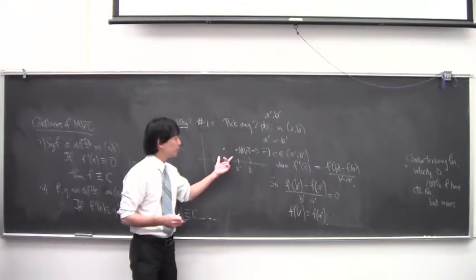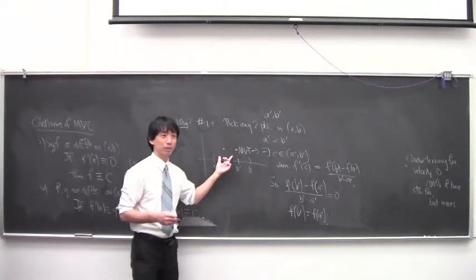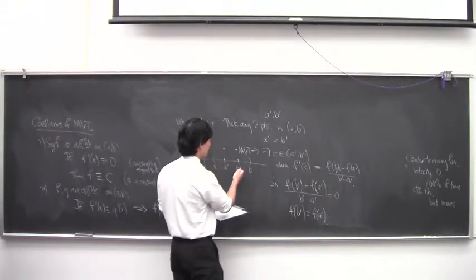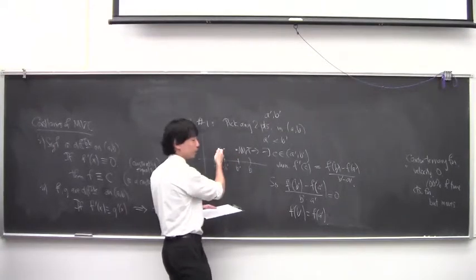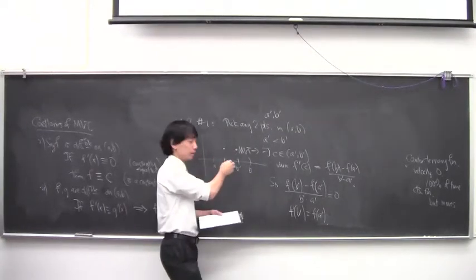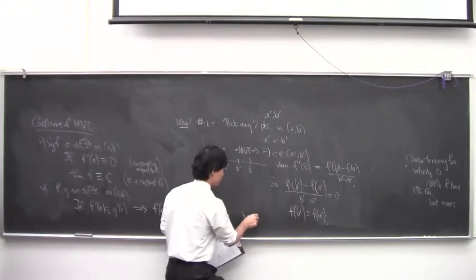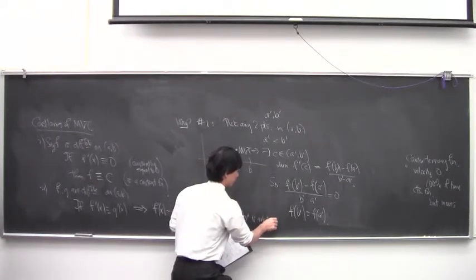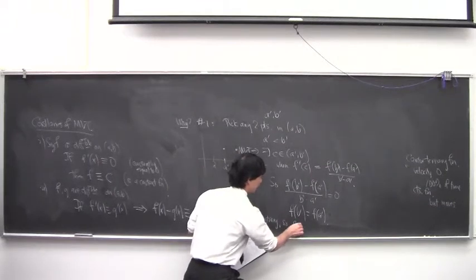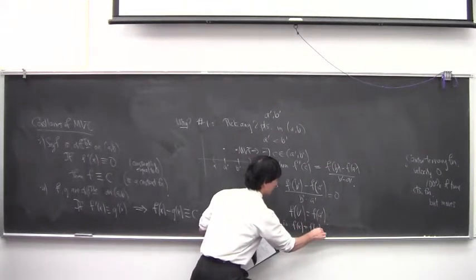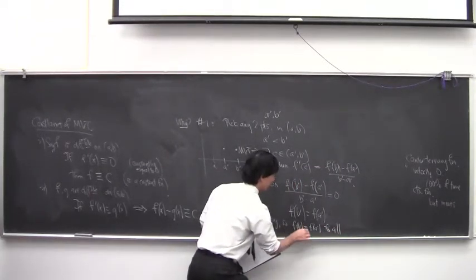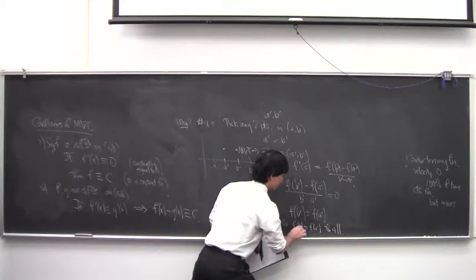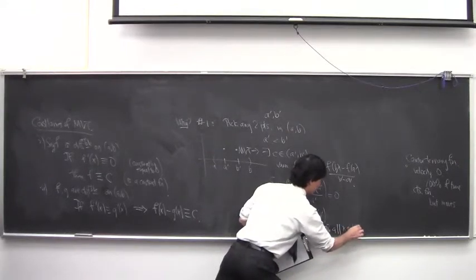But we could have done this for any two points. So for example, let b prime move around. Well, f of b prime is going to be the same as f of a prime. B prime is arbitrary. So f of b prime equals f of a prime for all x in (a, b).